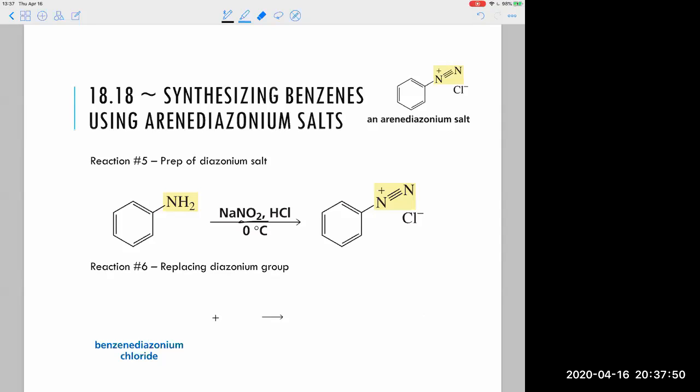That diazonium group is actually a really good leaving group. So if I take my benzene diazonium and combine it with a nucleophile, I can get nucleophilic substitution of that diazonium group.